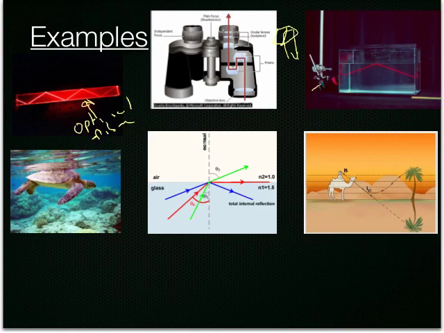Here's an example of a laser in some water bouncing off the surface. Here you can see the image of the turtle up in the surface of the water, showing that the light from the turtle is bouncing off the surface into your eye. And a mirage is also caused by total internal reflection, in a sense, or just refraction really.